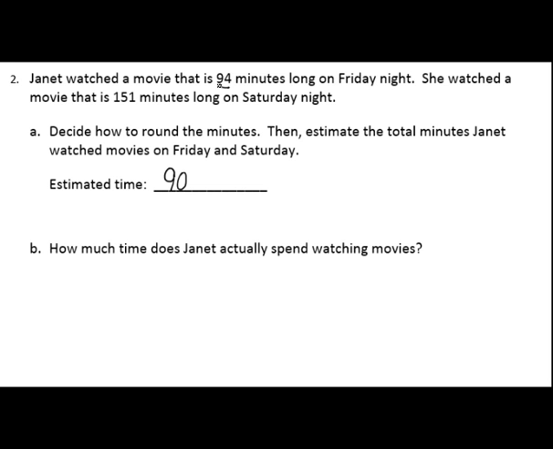Since I rounded that one to the nearest 10, I'm also going to round the next number to the nearest 10. 151 has 15 tens. It falls between 150 and 160, with the midpoint being 155. This falls below the midpoint, so I'll round it to 150.